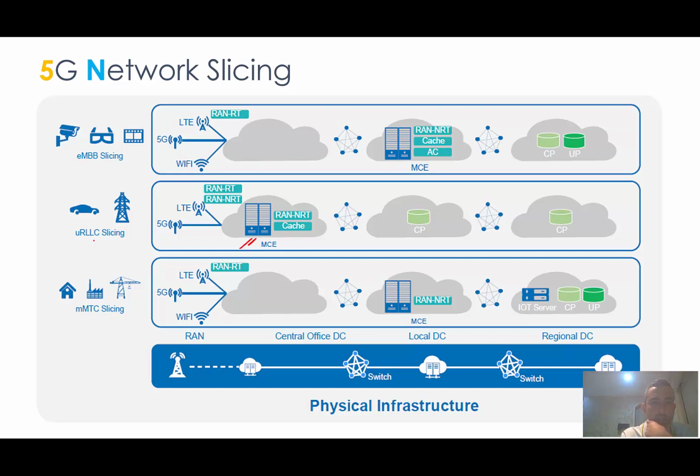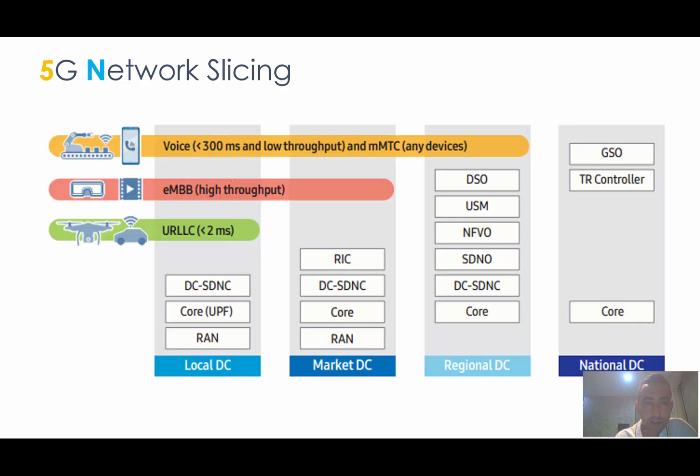As you can see, in the example that I told you in URLLC slicing, the data center and data network should be very close to the access network. Also here in URLLC, there should be some local data centers, which I think would be a very good business in the future, because national data centers and regional data centers are not enough.